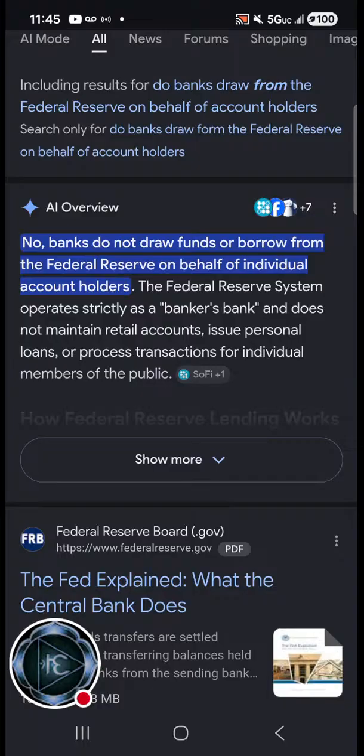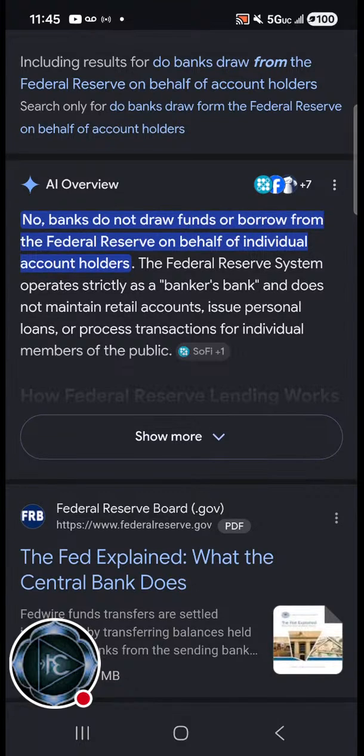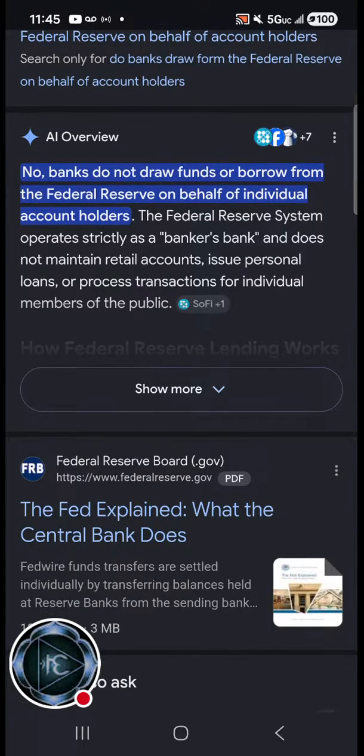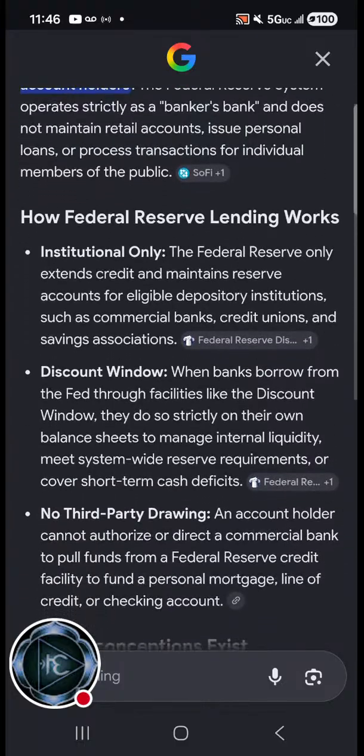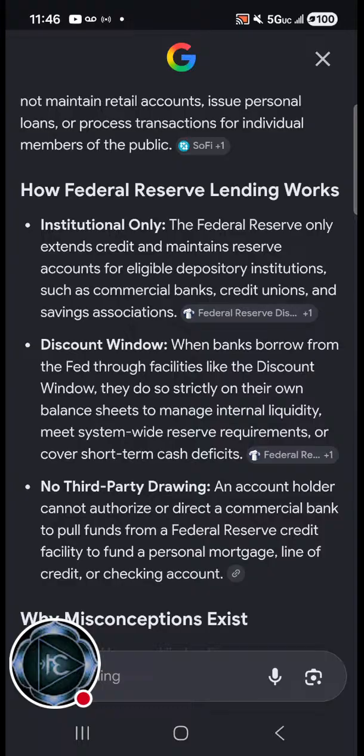Now, did I ask, did the Federal Reserve issue personal loans? Did I ask, do they process transactions for individual members of the public? No, I did not. It's not my question. You see, it says institutional only.